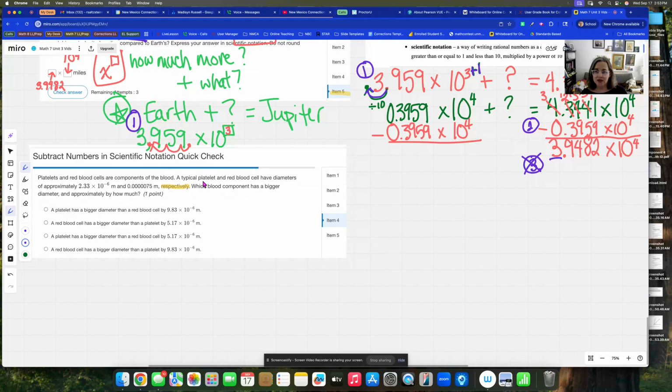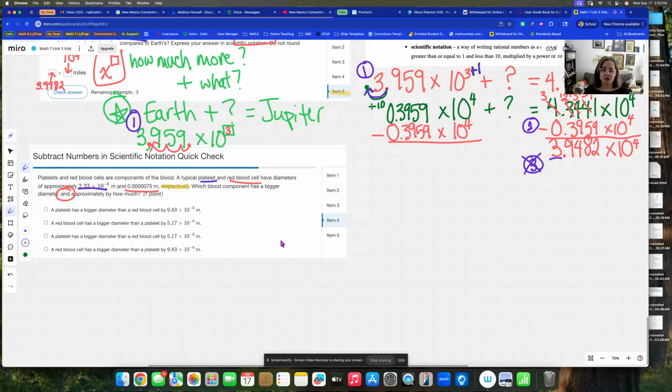They said platelet first, so this number is the platelet. They said red blood cell second, so the second number here is the red blood cell, and that's important. That's what they mean by respectively. Which blood component has a bigger diameter, and approximately by how much?